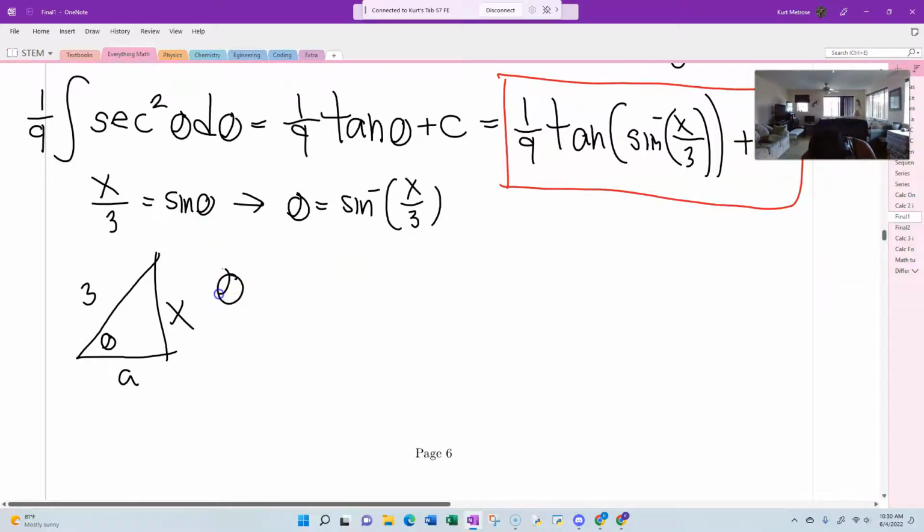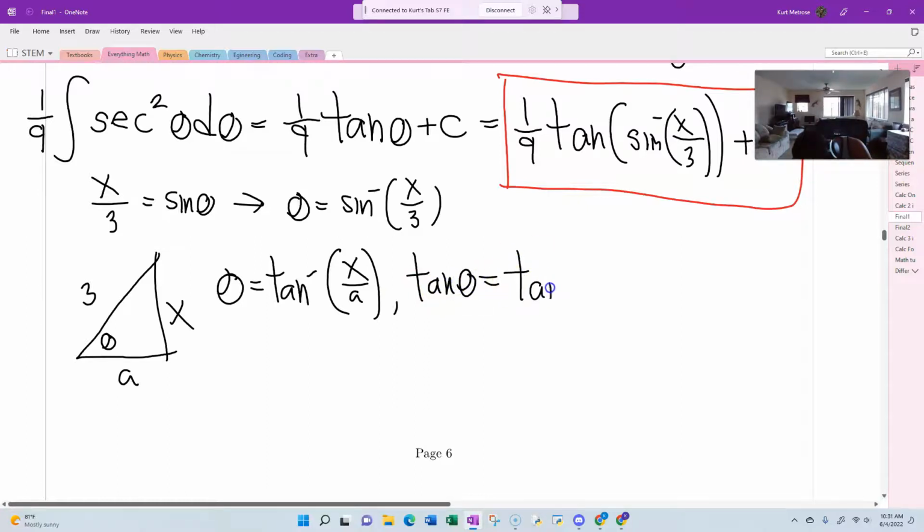Well, you also know that theta is equal to the tan inverse of x over a. So then you could write tan theta is equal to tan of tan inverse of x over a, which is just equal to x over a.